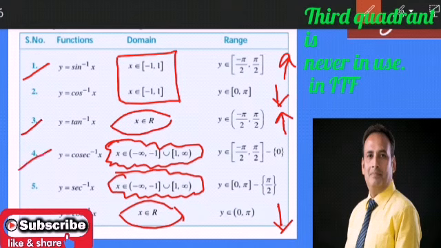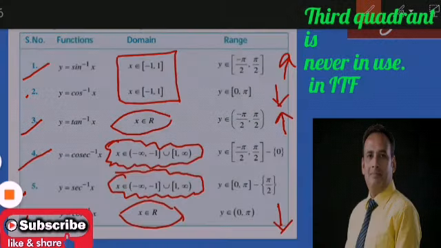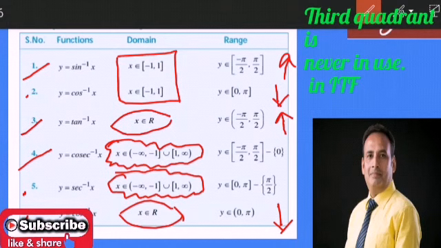These three functions share the first and fourth quadrant in terms of angle, and the second ones, cos inverse x and sec inverse x, and also cot inverse x, have range 0 to pi, as they share the second and first quadrant.